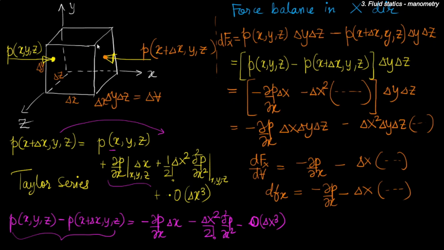Now as we shrink the size of this fluid element, that is, we let delta x go to 0, delta y go to 0, delta z go to 0, this particular term cancels out. So essentially we are trying to find out the force due to pressure on a differential element, and this gives rise to dfx is equal to minus del P del x.